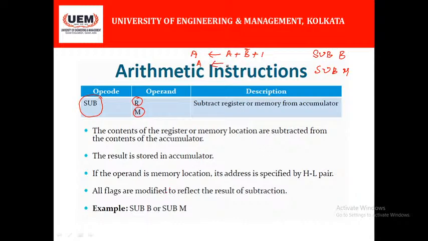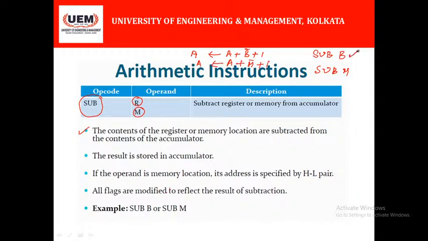Whenever we perform SUB M, the value of the accumulator and the complement of the memory location M plus 1 are used, and the result is stored in the accumulator register. So the contents of the register or of the memory location are subtracted from the contents of the accumulator.